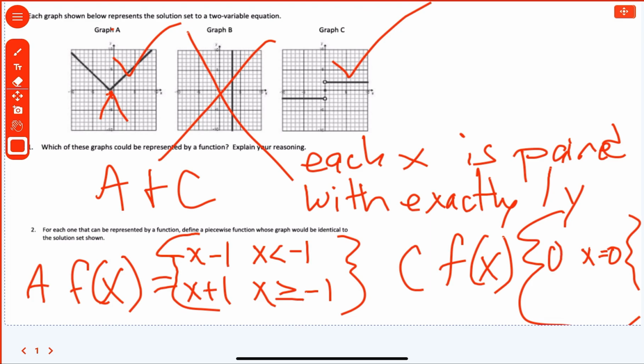That's it. Now, let's go to the left. So when x is less than 0, what is y? When it's less than 0, what is y?